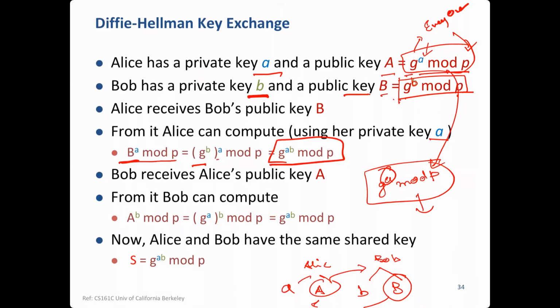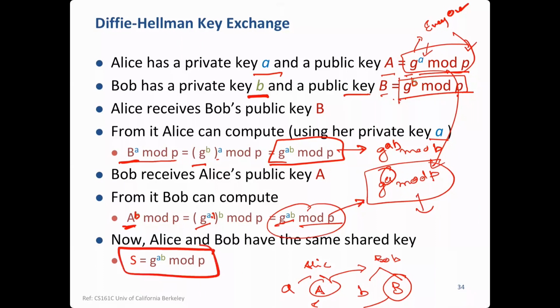Similarly, Bob receives A from Alice, which is g raised power a, exponentiates it with b, so it becomes g raised power a raised power b, which is g raised power ab mod p, the same as the one Alice has generated. So this is the shared key now.